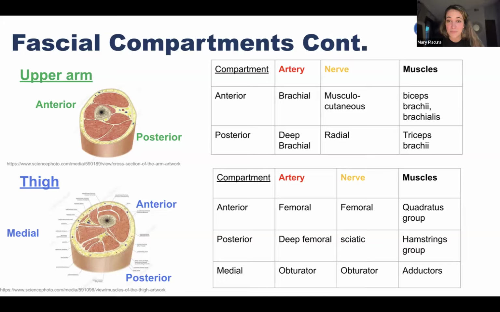Some of you might have heard of compartment syndrome before. As all these structures are developing, connective tissue is developing around each of them, really helping to provide a lot of the supportive structures and providing a route for the neurovasculature. And when I say neurovasculature, I mean the nerves, the arteries, and the veins to supply those structures.